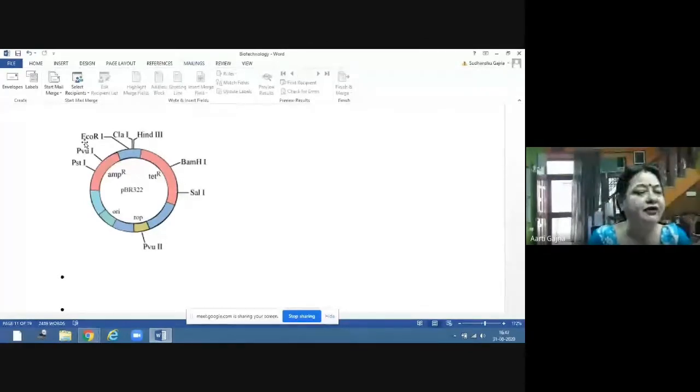So EcoRI means Escherichia coli, R is the strain, and 1 means it was the first discovered from Eco. So EcoRI. Similarly, we will see others also, like SalI.